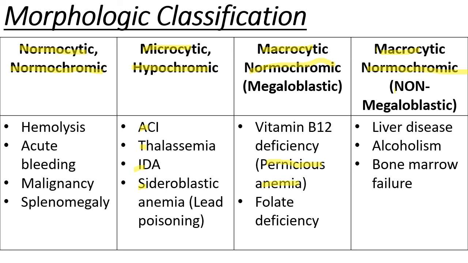Sa macrocytic normochromic non-megaloblastic anemia, walang persisting blast, no? Walang masyadong malalaking mga blast, pero ang eventual result, enlarged yung mga mature RBCs. So, kailan nangyayari ito? Sa mga liver diseases, alcoholism, and bone marrow failure.